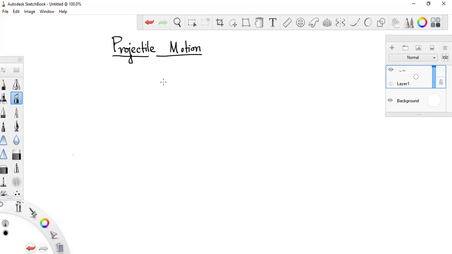I repeat, if an object is thrown in air with some initial velocity at an angle less than 90 degrees, then allowed to move under the action of gravity, it is known as a projectile. And the path followed by the projectile is called a trajectory. Trajectory is the path followed by the projectile.